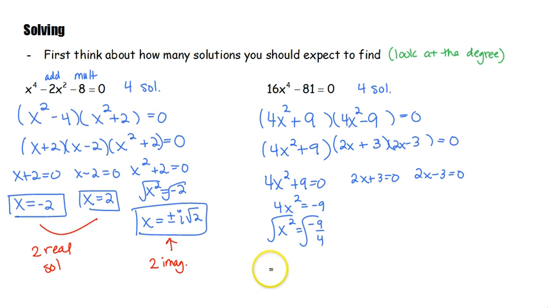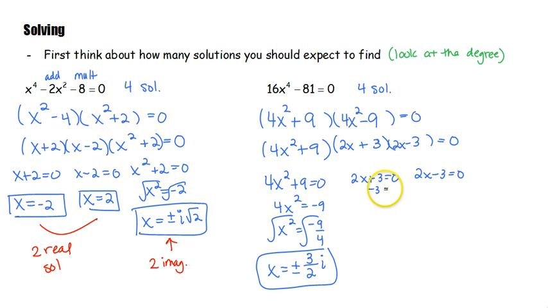We square root, and we've got x is equal to plus or minus. We've got a negative on the inside, so that becomes an i on the outside. But 9 is a perfect square and 4 is a perfect square. So the square root of 9 is 3, the square root of 4 is 2. So we've got plus or minus 3 halves i.